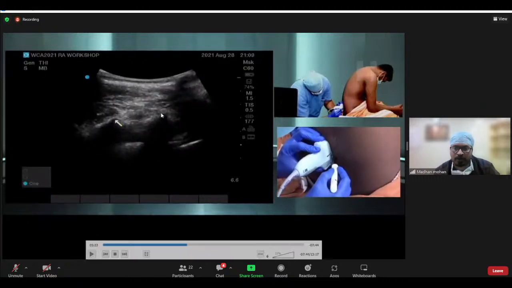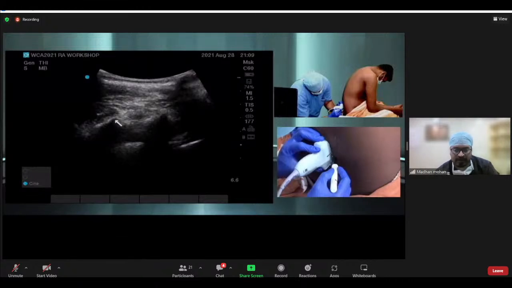Once I reach the L3-L4 space, I'm keeping it in the center of the screen, and I'm going to get a horizontal line from the center of the probe. This will be the first line, which will give an idea about where we are going to put the needle inside.